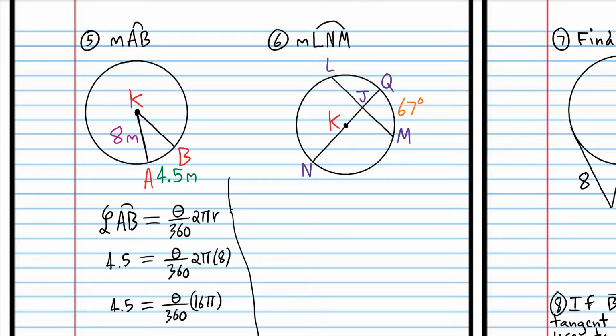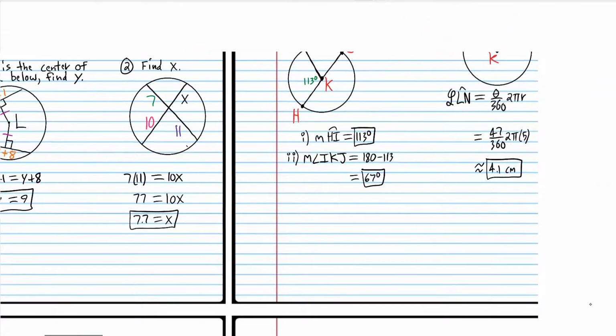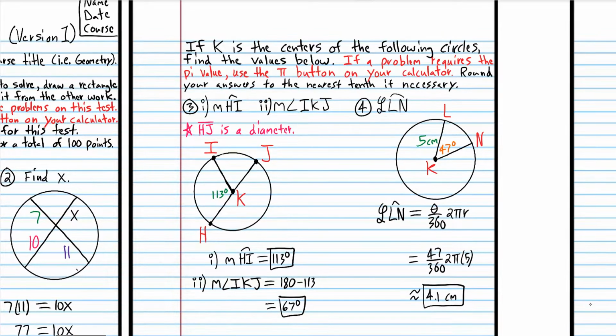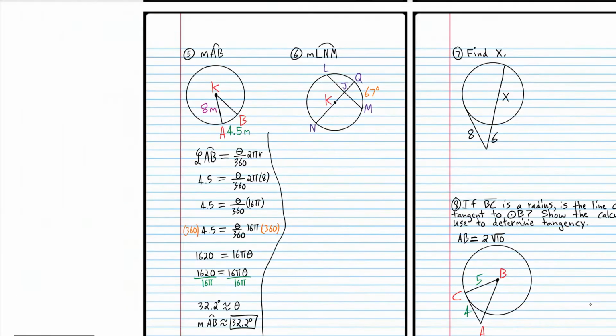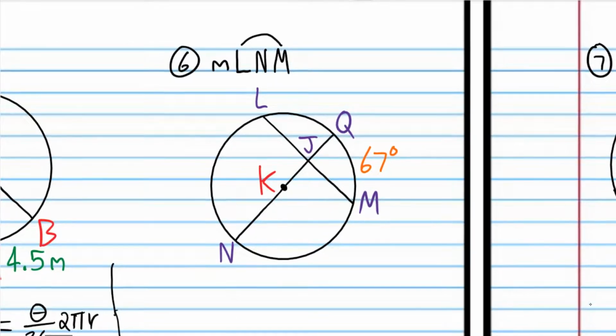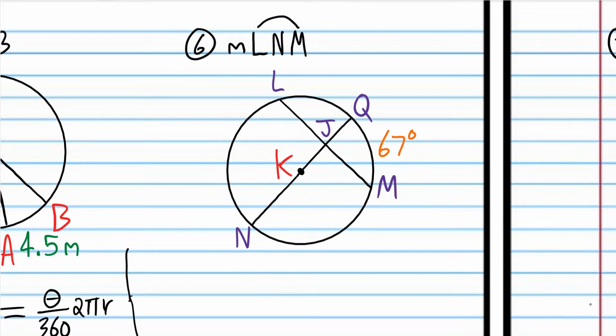So the big question is, first of all, do we know that this is a diameter? And the answer is yes, because it's going right through the center of the circle. We were told previously that K is the center of these circles. So we know it's a diameter, but the problem is there's no information here telling us that this diameter is perpendicular to this chord.